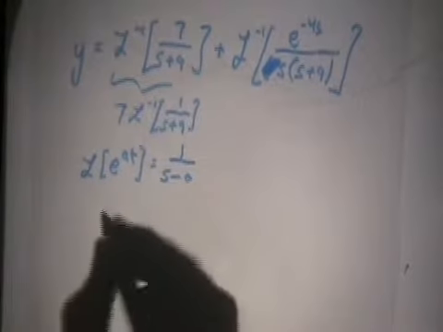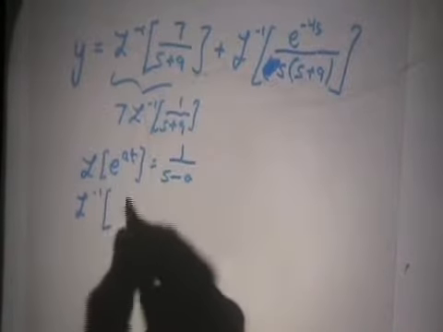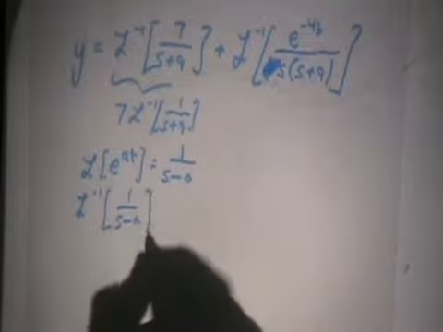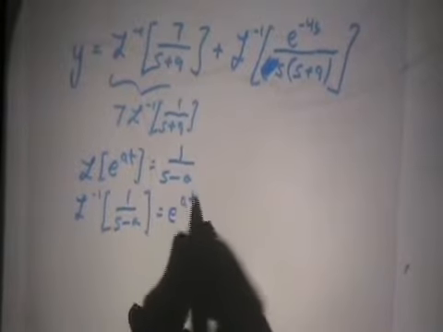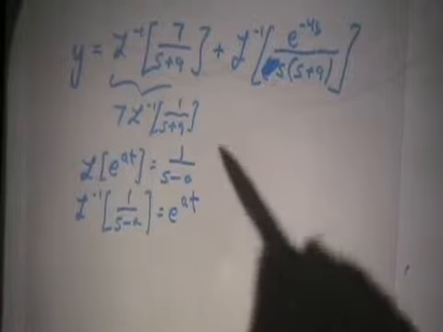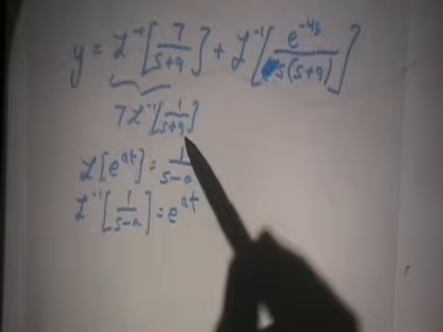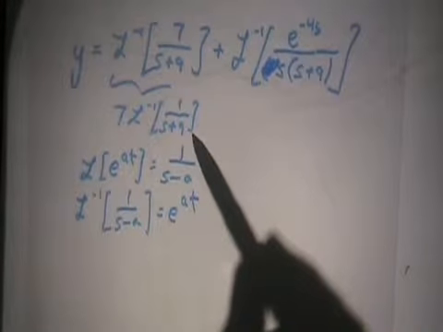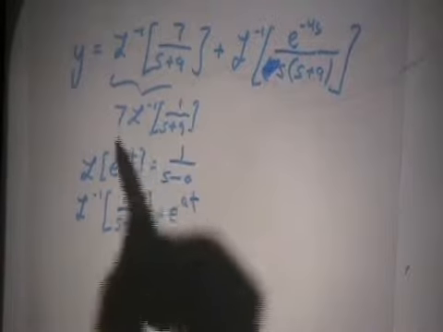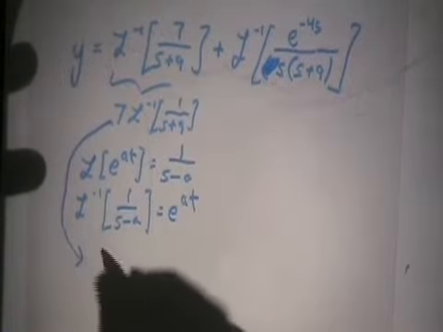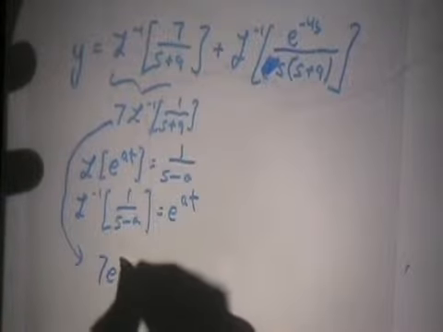And so the inverse Laplace transform of 1 over s minus a is e to the at. And what I've got here is 1 over s plus 9. The a is negative 9. So this becomes a 7e to the negative 9t.